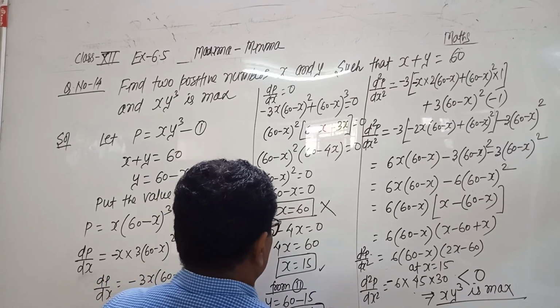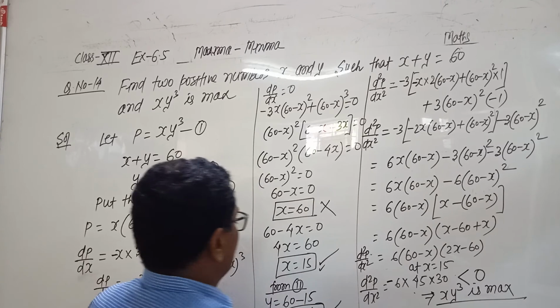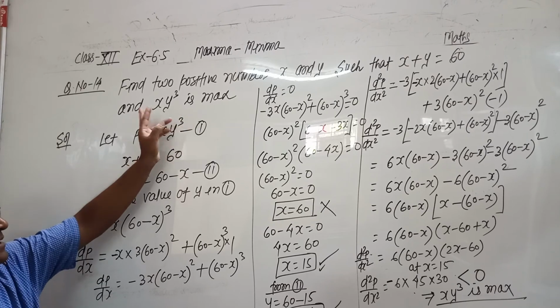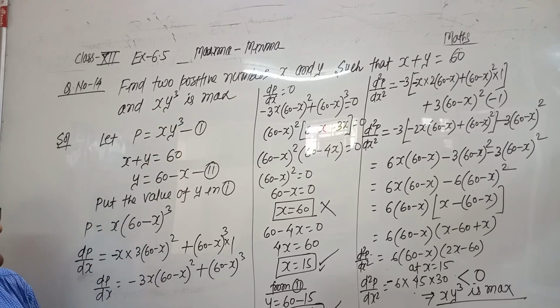So the two numbers are 15 and 45, whose sum is 60 and their product would be maximum. 15 plus 45 is 60. So we had to find the two numbers, and also find that xy³ is maximum.